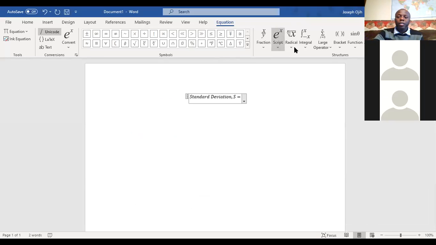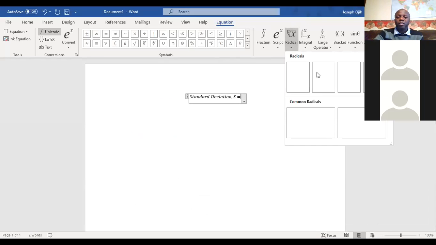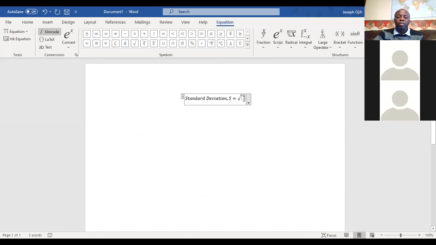So you have the square root of the variance. That will give us the answer for the standard deviation. So I have it right here: the square root of variance is the standard deviation.